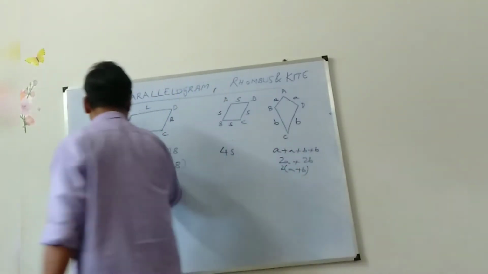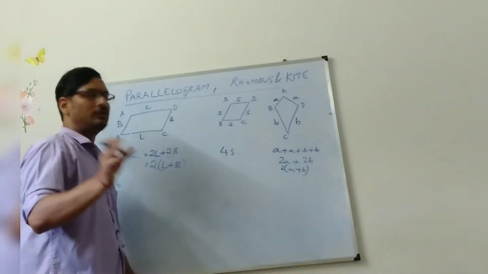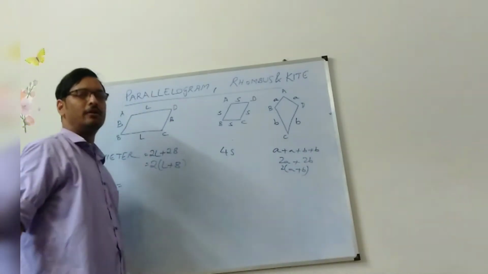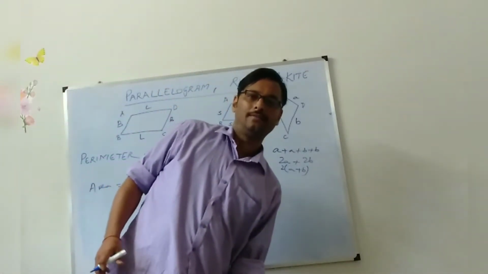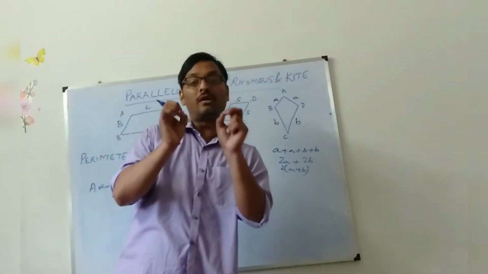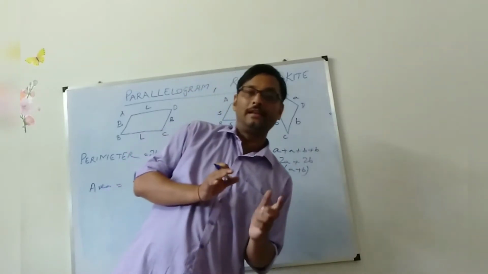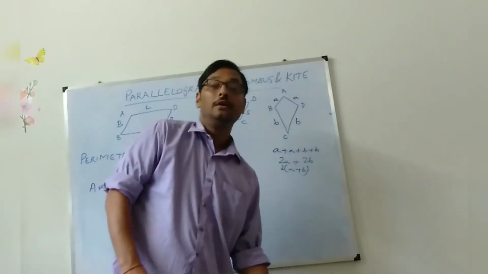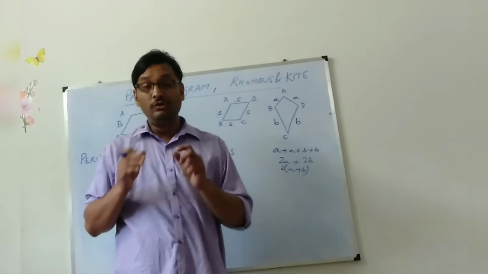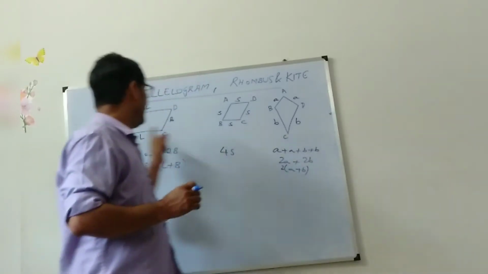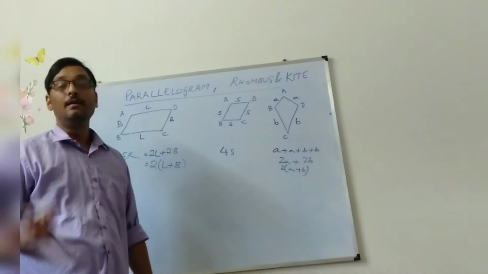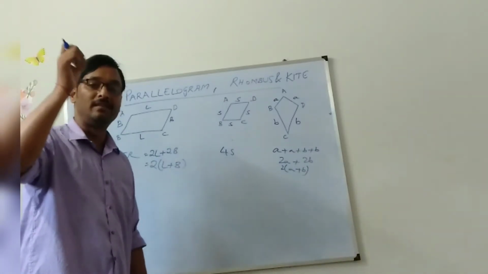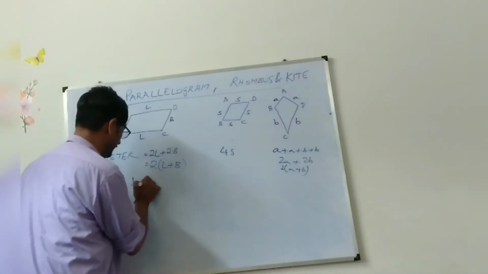So in this case, by looking at this figure, you say whether any of the lines is standing on its own. This line, if you tilt it down like this, for how many seconds will you be standing like this? You will be falling down, or you have to move like this. So you need support. So there is no 90 degree in this case. When there is no 90 degree, you have to stick to the basic formula, base into height.